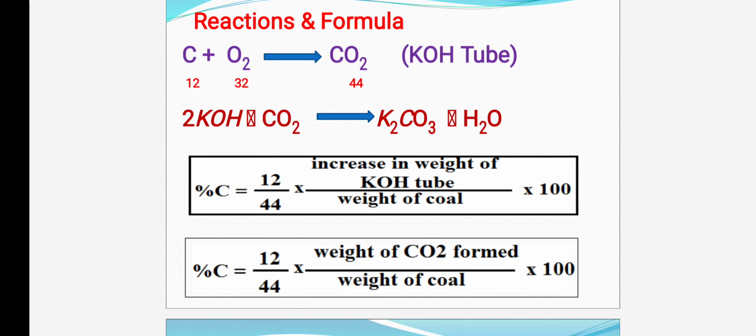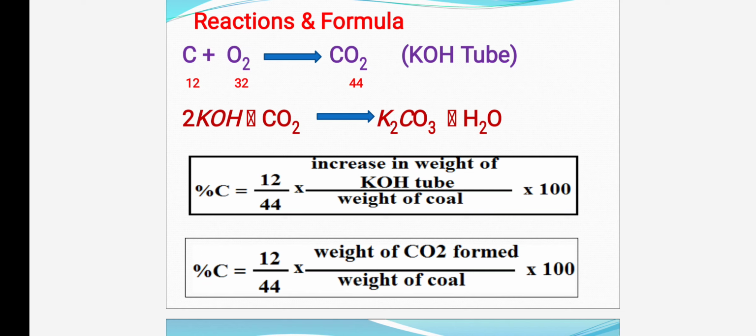Now the formula, if you compare with hydrogen, is the same. For carbon, 12 divided by 44. Why 12? Because the molecular weight of carbon is 12. Why 44? Because the molecular weight of CO2 is 44. So 12 divided by 44, multiplied by the increase in weight of the KOH U-tube, just the way we saw in the case of hydrogen.